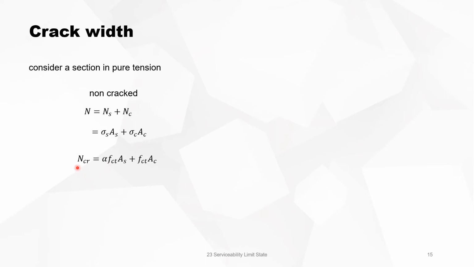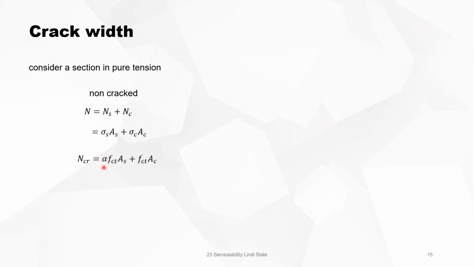It means that at the limit, when the tensile force equals the cracking tensile force, sigma s is then equal to FCT. Because a plane before loading is also a plane after loading, we can change sigma s into alpha sigma c, the concrete stress.